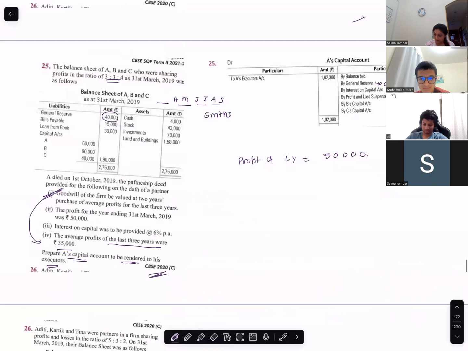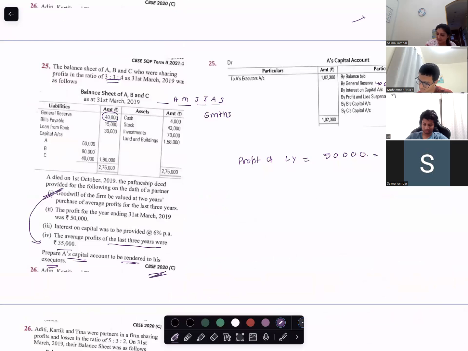Look over here, profit of the last year up to 31st March 2019 is 50,000. They have not given us whether the profit is a percentage of sales or a percentage of turnover. No information is given to us. So what will we do?